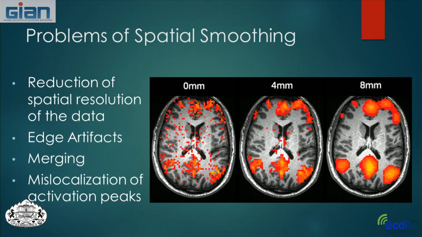So it's sort of a game between people who just want to use this and jump to conclusions, and on the other side, these highly technical people saying, how could you ever make that conclusion? You know, look what you're doing to your data. So it has to meet somewhere in the middle, I think. Spatial smoothing can cause reduction of spatial resolution, edge artifacts, merging of voxels, and mislocation of activation peaks.